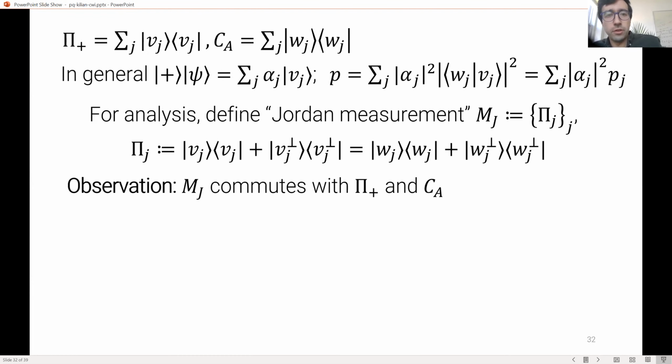And one thing to note is that Mj commutes with both pi plus and Ca, because if you look at each of these elements, they're diagonal in both the Vj and Wj bases.